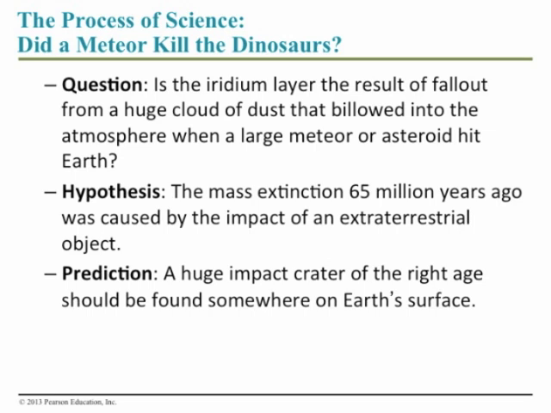And then they would predict that the huge impact crater would be found in rock of the right age somewhere on the Earth's surface. And this could have led to a large cloud of iridium-rich material filling the Earth.